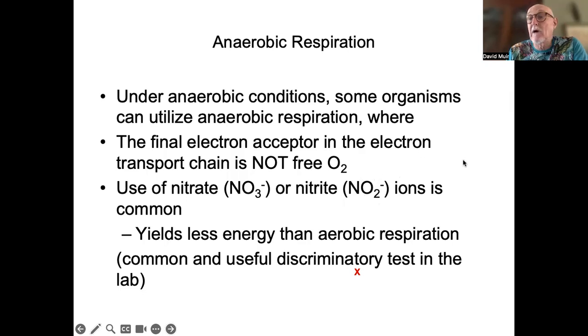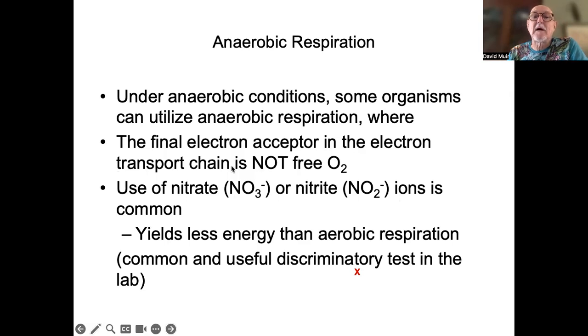There are also some which will use oxidized sulfur compounds, and they will reduce them by taking an oxygen away from them, and that acts as the terminal electron acceptor. This yields less energy than aerobic respiration, but it's still worthwhile doing if they can do it, because it still produces a substantial amount of ATP.